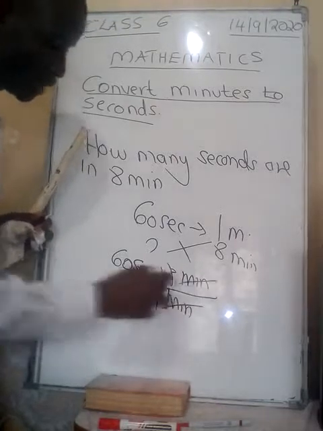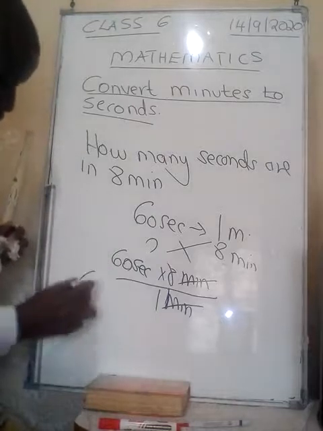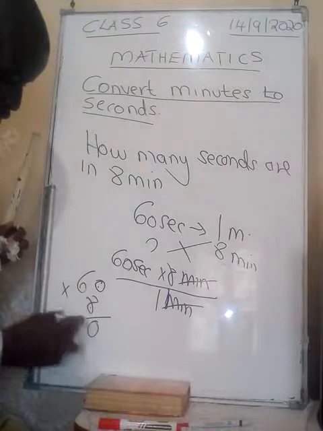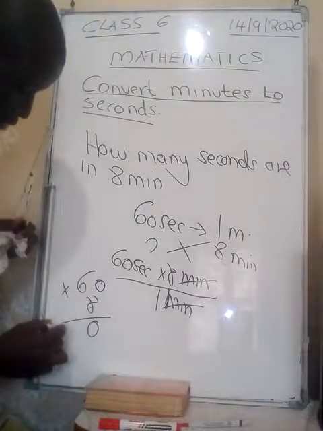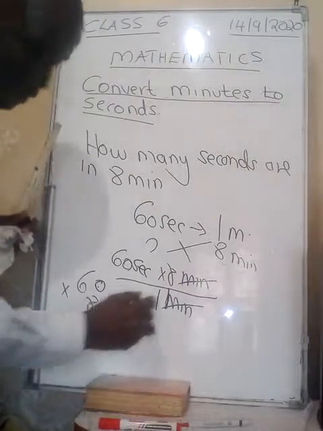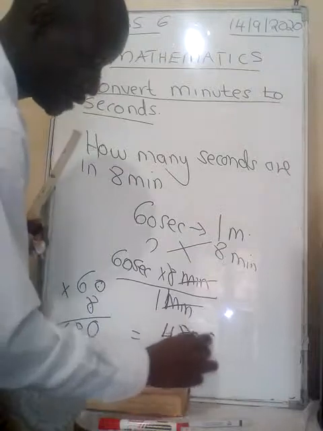Minutes and minutes will cancel. So we shall take 60 multiplied by 8. 6 times 8 is 48, so we shall be having 480 seconds.